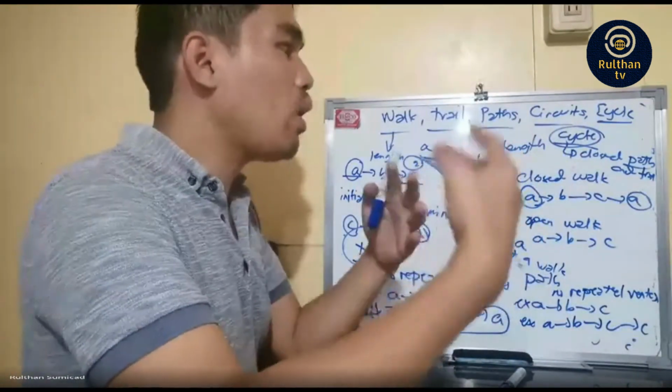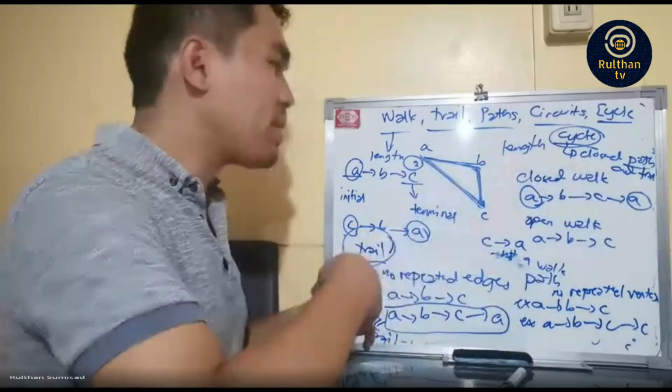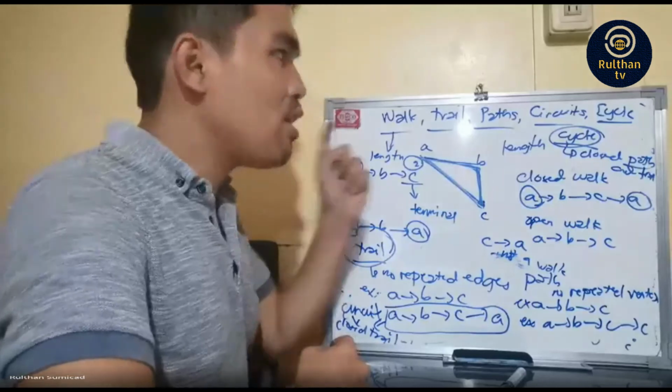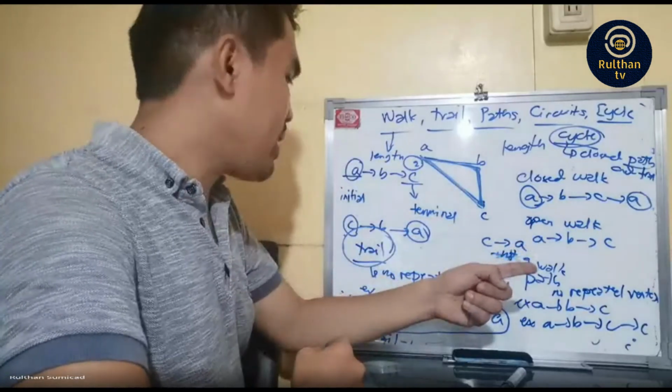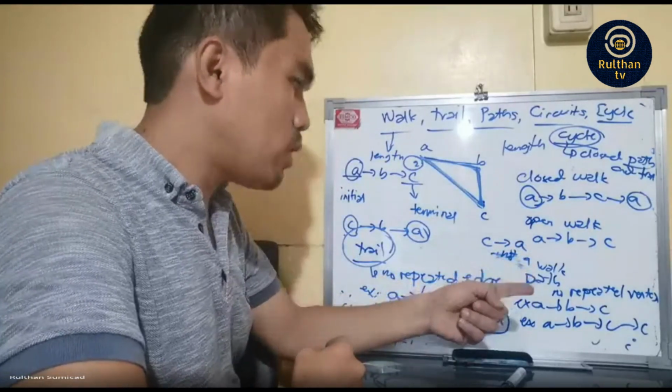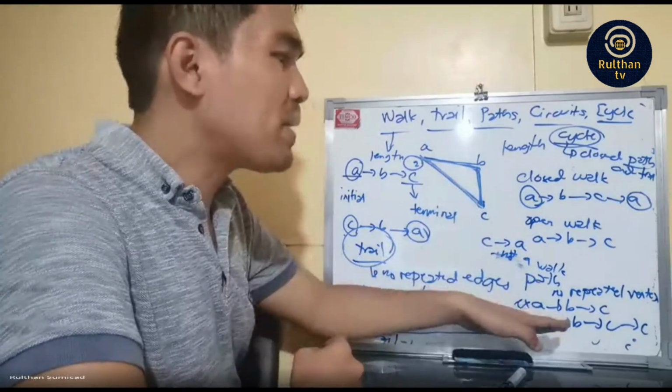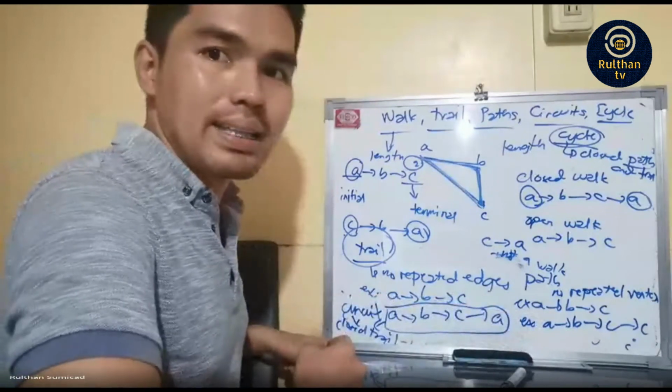When you have a closed walk with no repetition of edges, then that is a circuit.